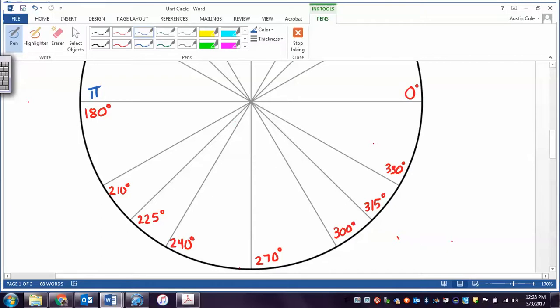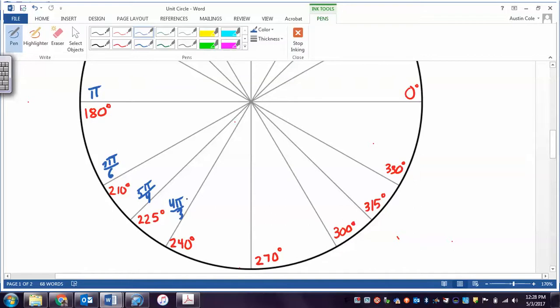So we were at 6 pi over 6, if we go one more pi over 6, we're at 7 pi over 6. 5 pi over 4. 240 is going to be 8 pi over 6. What's that reduced? 4 pi over 3.